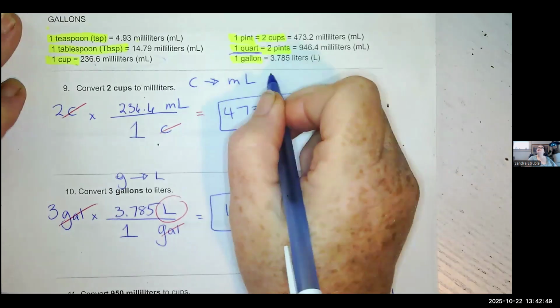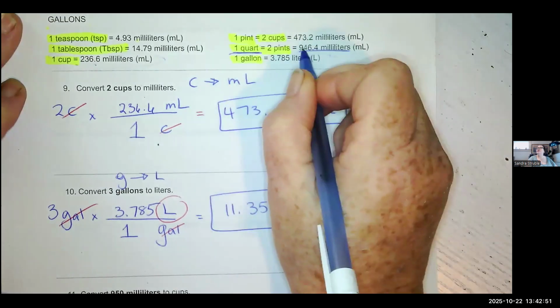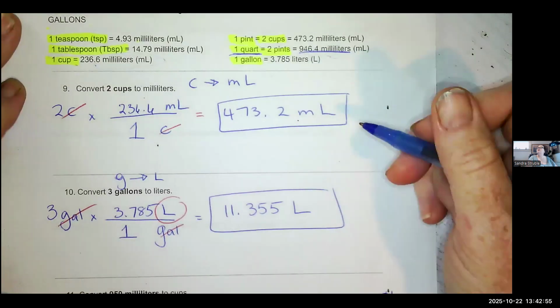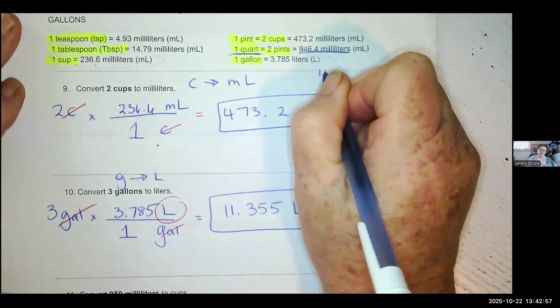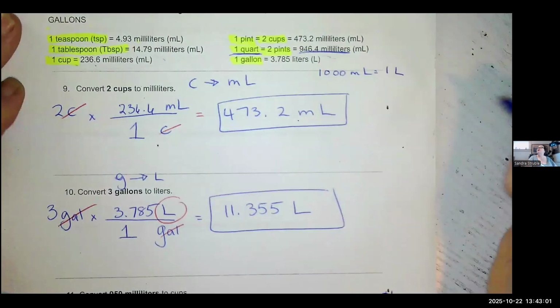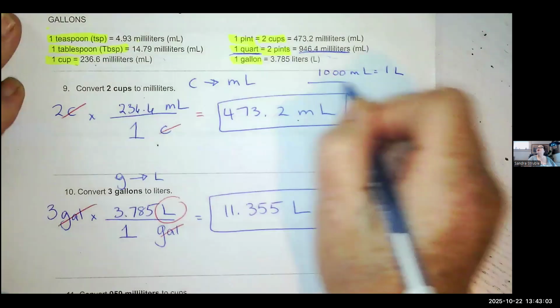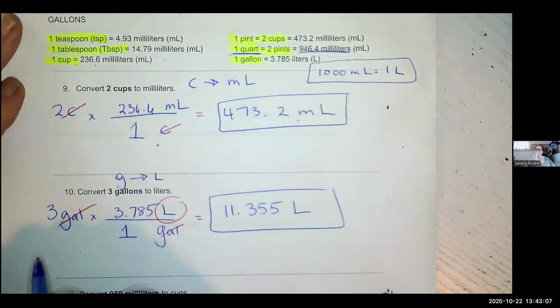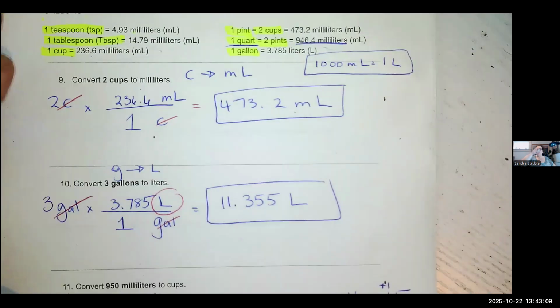And then I'll give you the part that's missing that we used yesterday, that 1,000 milliliters is equal to 1 liter. Are we looking for liters? Yeah. So we're going to have to use this conversion that we learned yesterday in metric. I think that's the easiest way to go with this, because otherwise you'll have to remember that there's 4 quarts in a gallon.